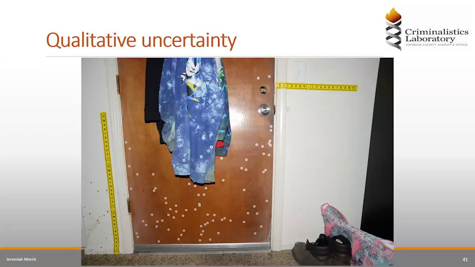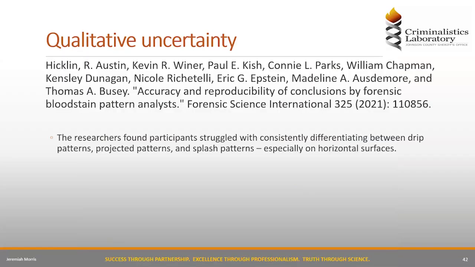We do have some potential impact mechanisms that are going on, but I don't have the necessary features within this pattern, especially when they're all going downward, to comfortably feel like I can eliminate this classification to just a projected pattern. Or excuse me, to just an impact pattern. So for me, this pattern here was simply classified as a group of spatter stains because I had a lot of different possibilities that I couldn't exclude.